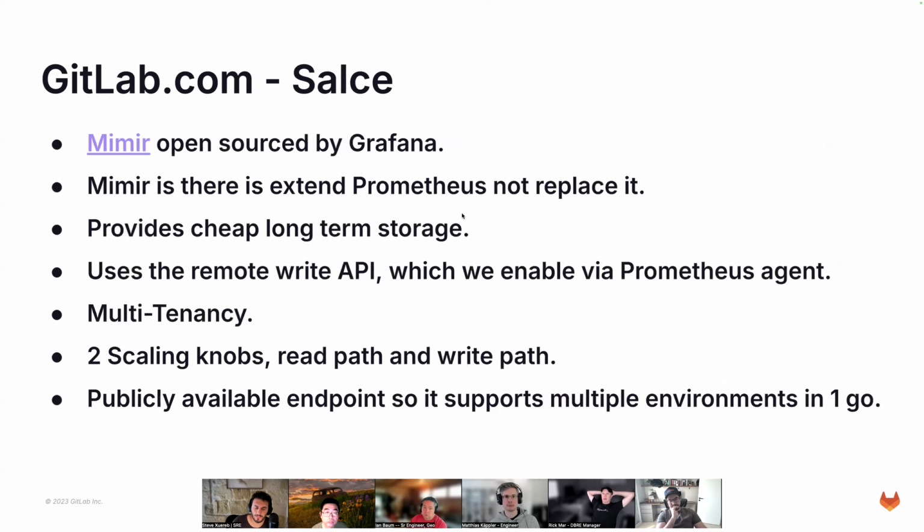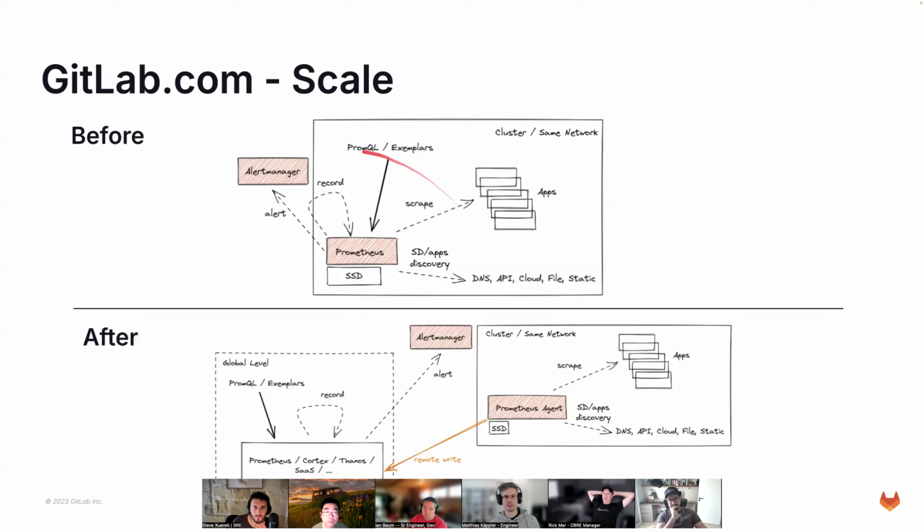So if we look up here, this is what we saw in the main architecture, right? You have the Prometheus server with a disk attached to it. It's scraping the applications, storing everything in the Prometheus server, and you hit it with PromQL and it sends requests to Alert Manager.